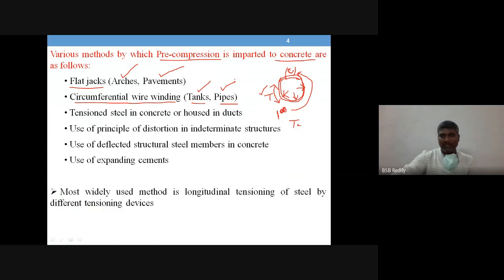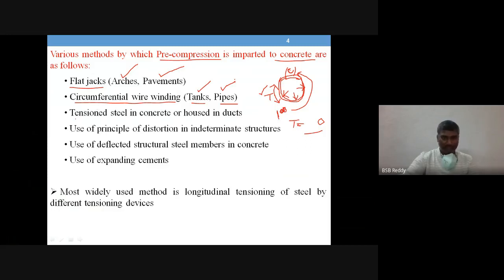So the final tensile stress shall be zero. Okay, right. So this is about circumferential wire winding. And spun pipes are very popular. If you go to the manufacturing site, you can see that.